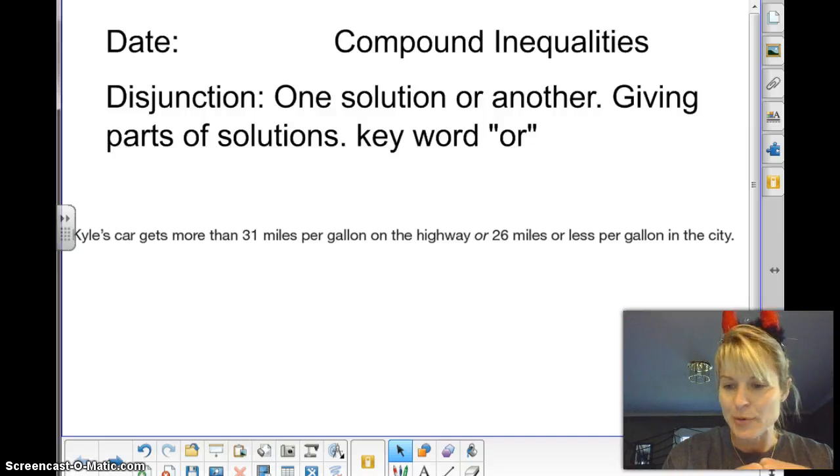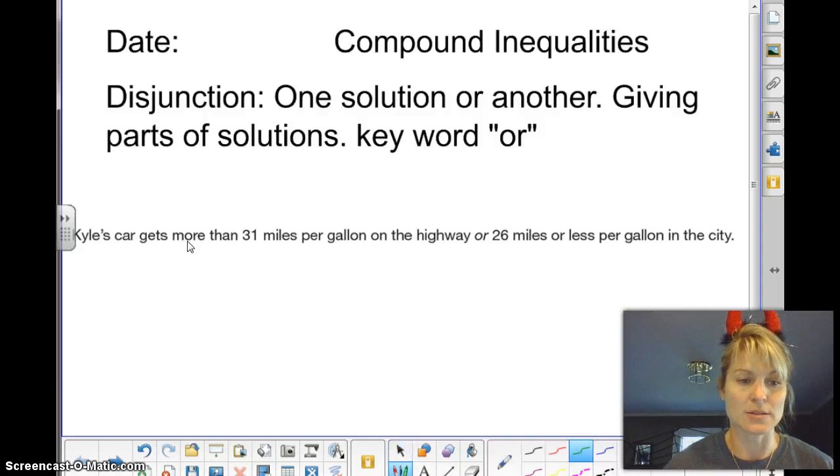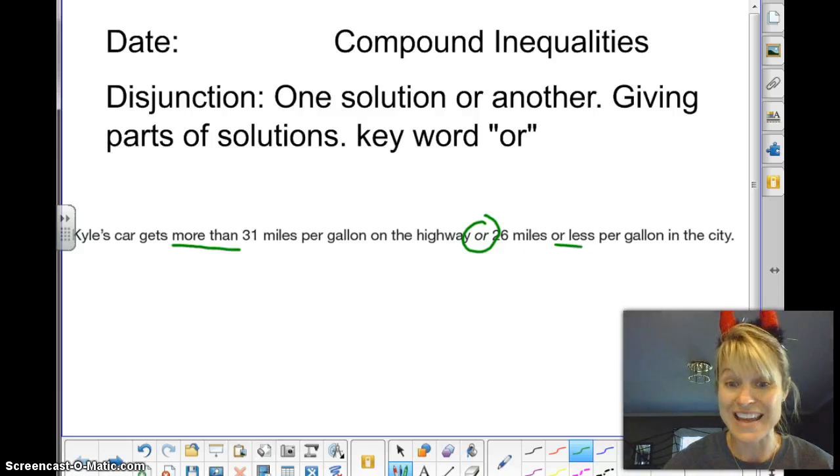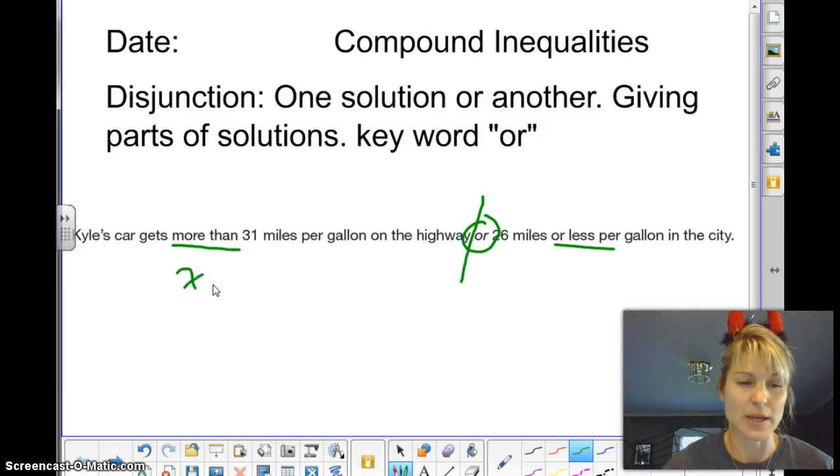So if we look at an example, because that seems to help us understand this a little better: Kyle's car gets more than, so that's my keyword, more than 31 miles per gallon on the highway, or 26 miles or less per gallon in the city. So this "or" is going to break it up into two parts for me. We use x for the miles per gallon.